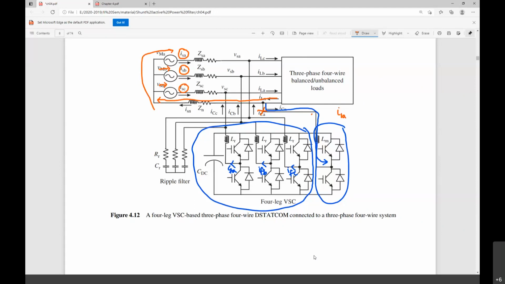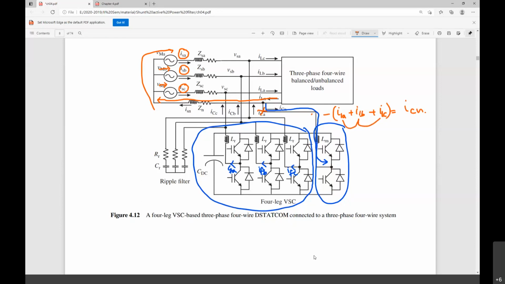The neutral current which flows here is ILA plus ILB plus ILC, which is equal to minus ICL. If there is any unbalance in the load currents, then obviously we have a neutral current.